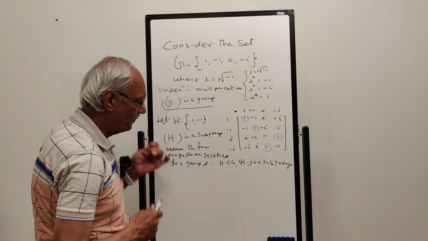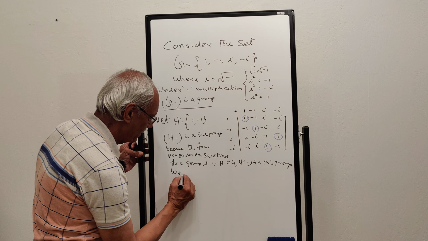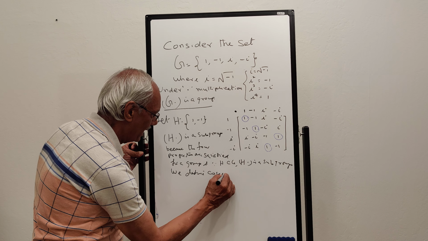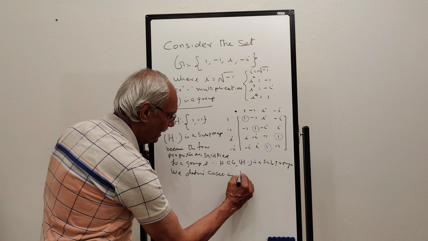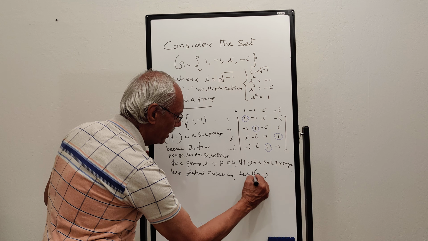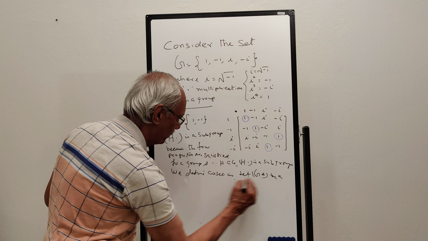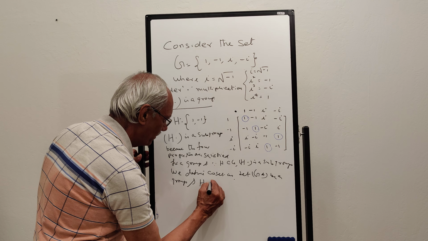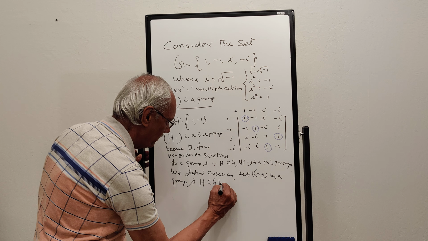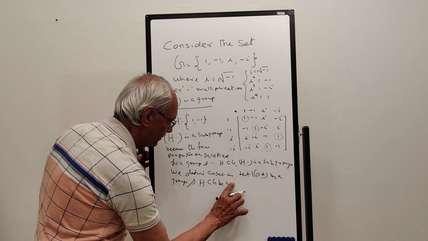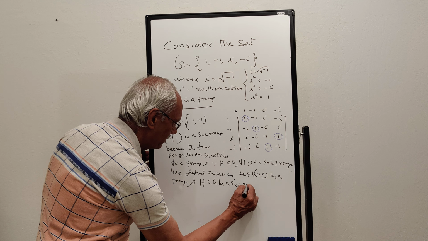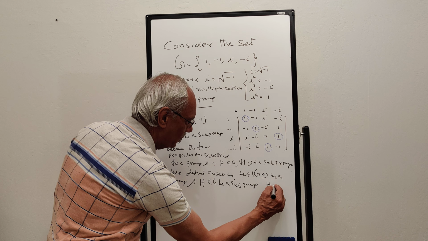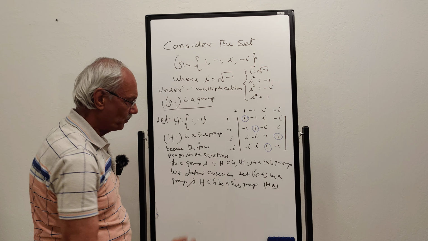Okay. Now we define a coset. We define coset as: let G star be a group and H contained in G be a subgroup, with H star also a subgroup.